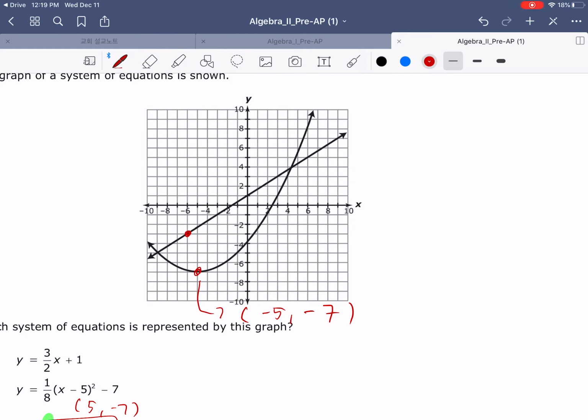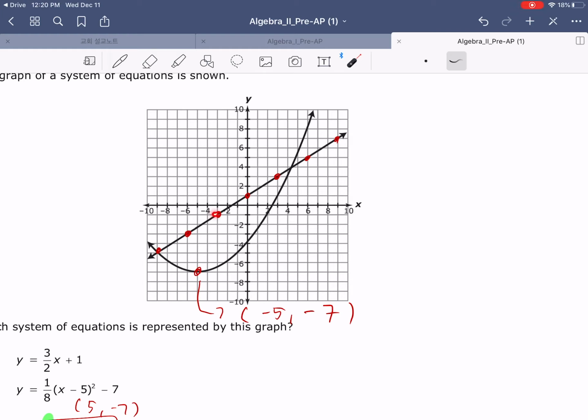Let's choose 2 points here, 1 and 1 here. You have to be very careful when you're choosing points. You can use any of these points that I just labeled here. Here we go, let's do it one by one. Rise over run, which means y value goes on the top, x value goes on the bottom.